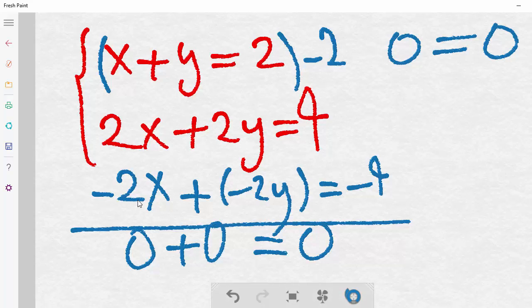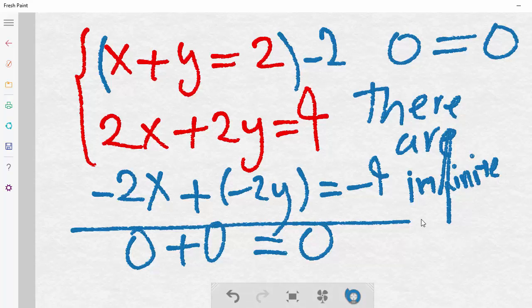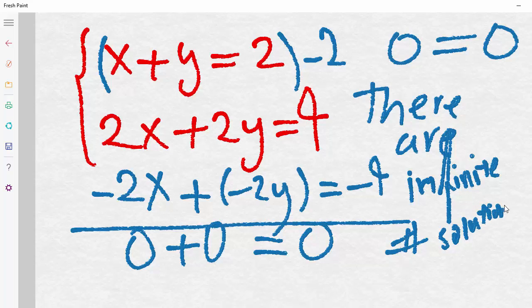What does that mean? That means there is an infinite number of solutions.